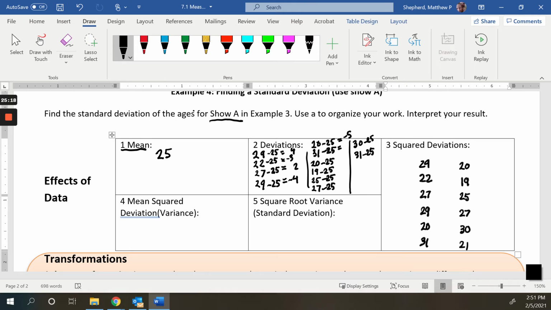I don't know why I started messing up like that. That's kind of silly. 6, -5, -6, 0, 2, 5, 6. All right, so those are all of our deviations.